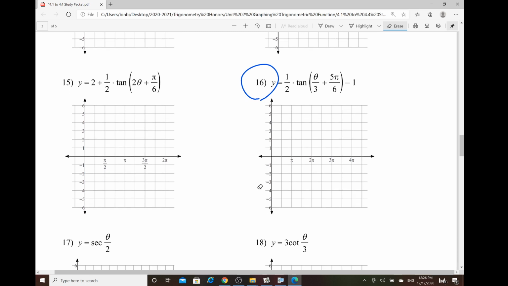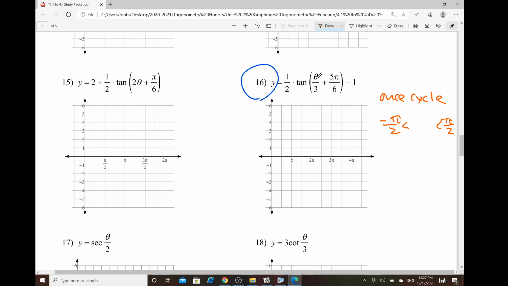And then for 16, this one is tangent. So the way to come up with the one cycle for tangent is always from negative pi over 2 to positive pi over 2. Okay, so for the one cycle, I'll put it right on this side, and then the rest of the element, I'll put it right here. So negative pi over 2 to pi over 2, the VA.